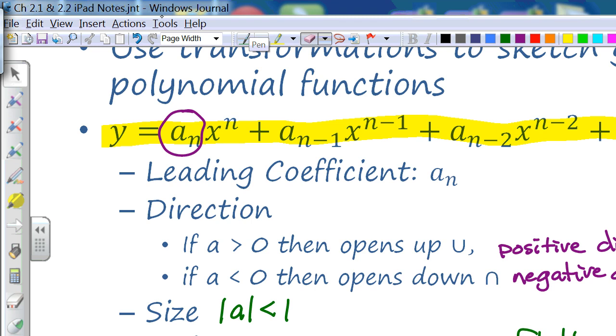Okay, now, on the other hand, if the absolute value of a is greater than 1, then it's narrower or taller. What I mean by that is, let's look at a cubic.